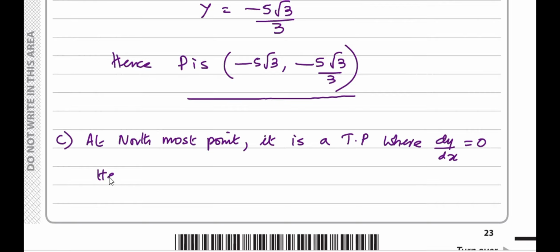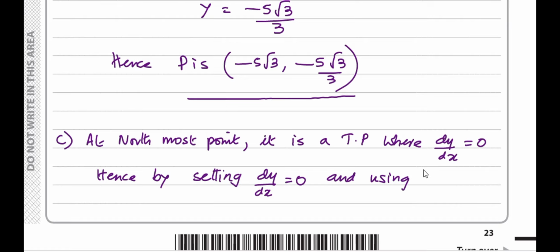So hence, by setting dy by dx equal to 0 and using the original equation of the curve, there are two equations now, equations 1 and 2.